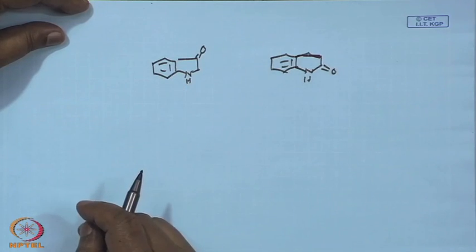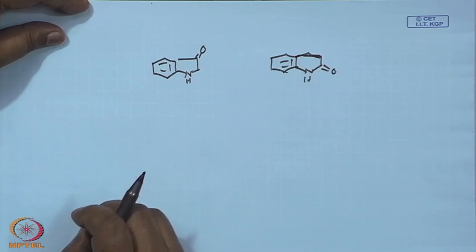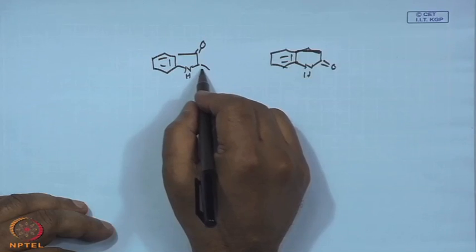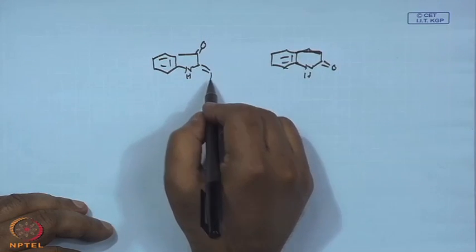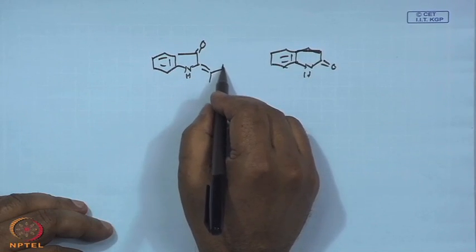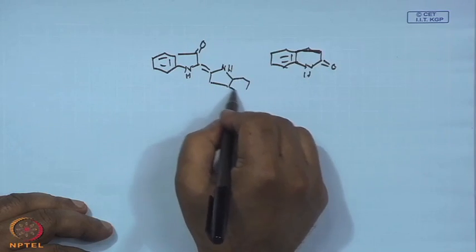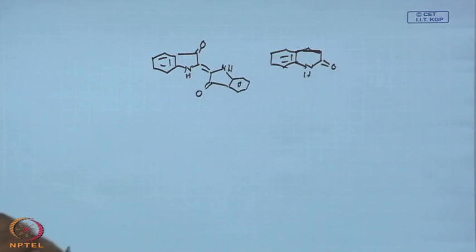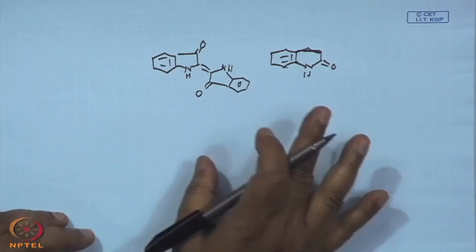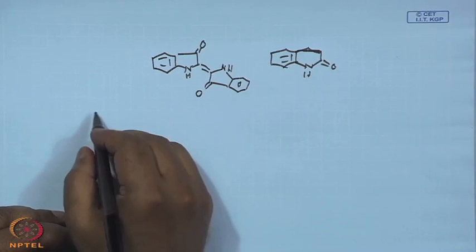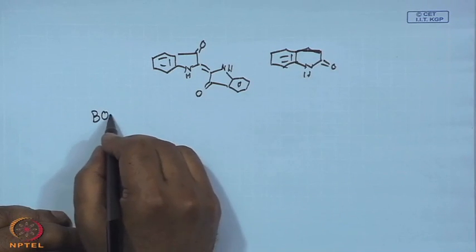Which nucleus is present in indigo, that is what you have to remember. If you can remember that, it is enough. The oxindole; indigo is the dimeric form of this.